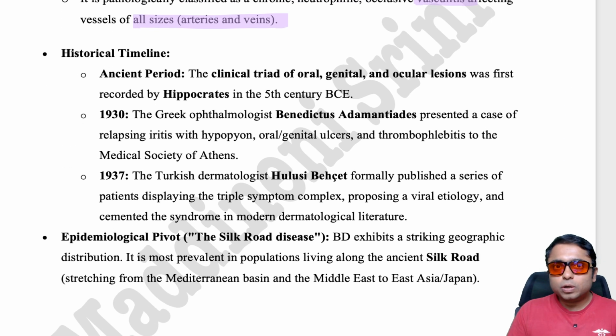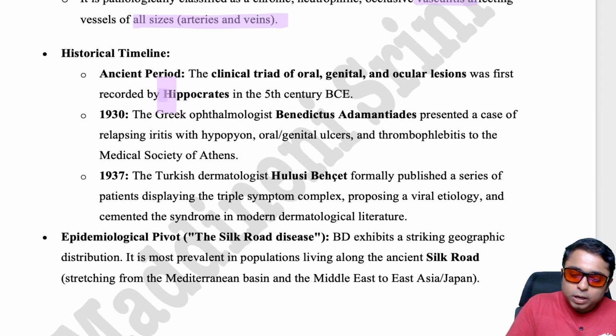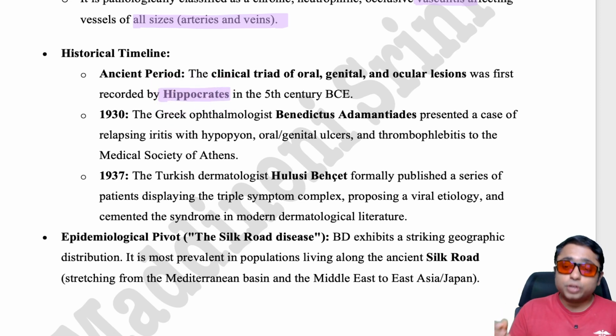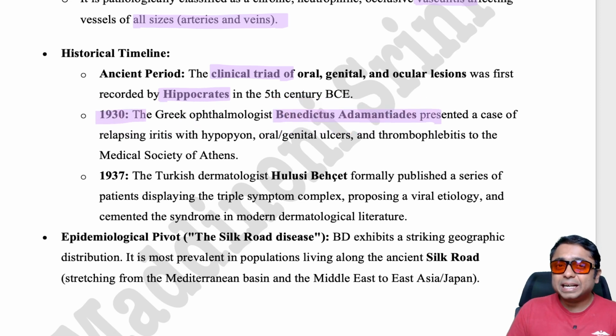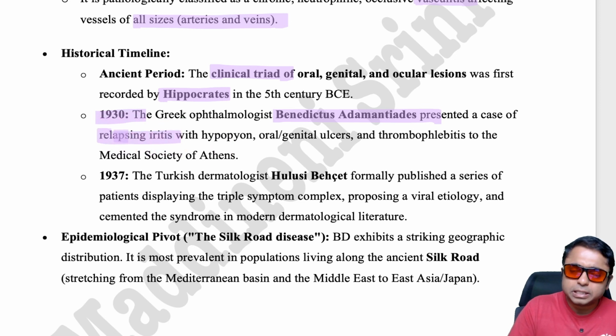Coming to the historical timeline, Hippocrates in the 5th century BC described the triad of oral, genital, and ocular involvement. In 1930, the ophthalmologist Benedictus Adamantiades presented a case of relapsing iritis with hypopyon and oral and genital ulcers in Athens.